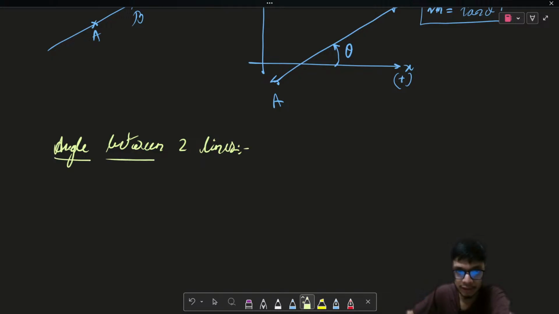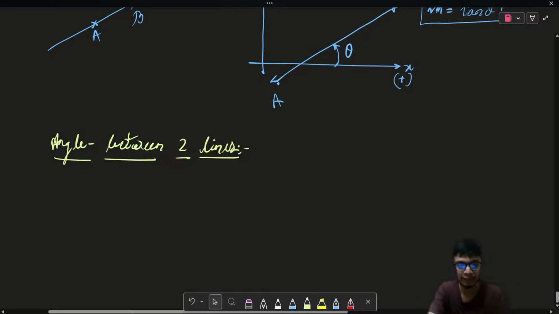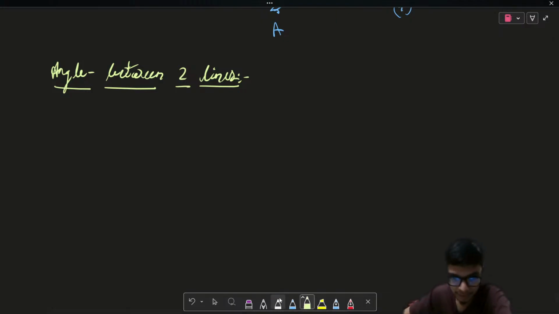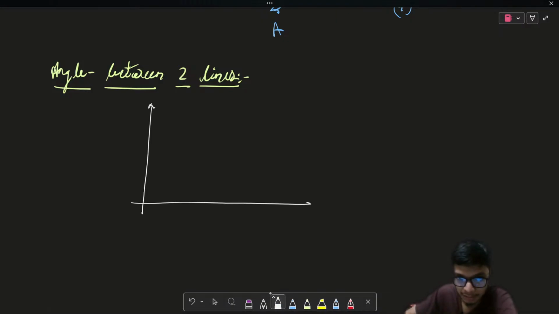Okay, so let us try to understand the concept of angle between two lines. Right. So what is the concept of angle between two lines? Let us try to understand, and we will try to relate this angle between two lines to the slopes of the individual lines, right? So let me first of all draw the situation in order to understand this particular form.